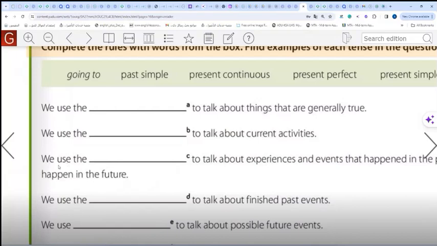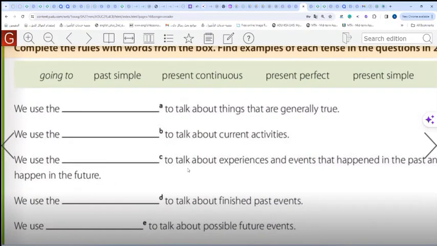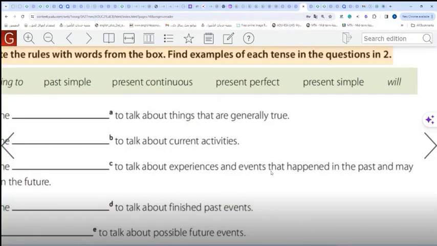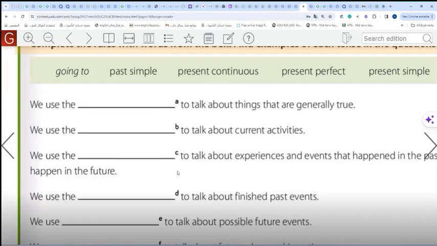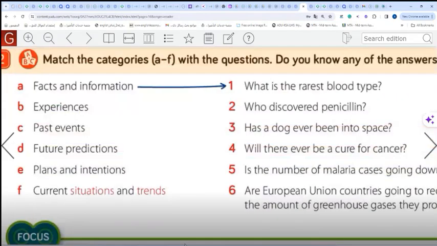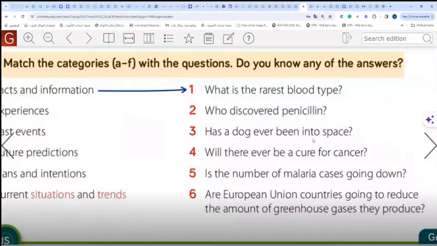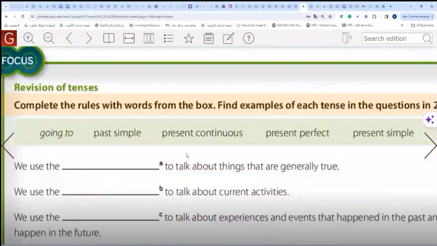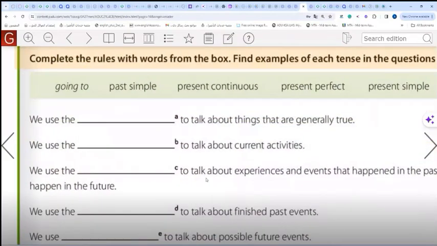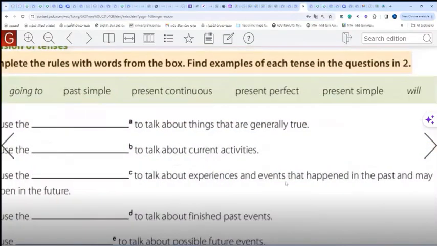Number 3, we use the what to talk about experiences and events that happened in the past and may happen in the future. When you say, for example, has it ever been into space? So which tense do we use to talk about experiences and events that happened in the past and may happen?